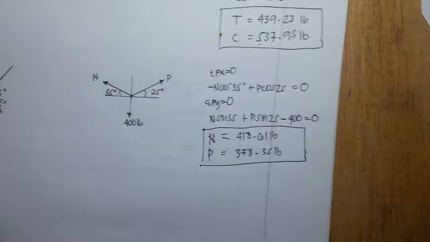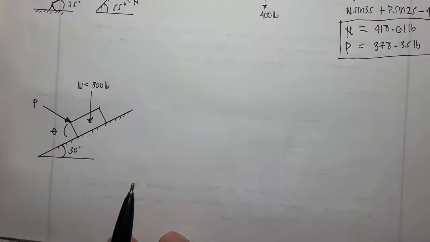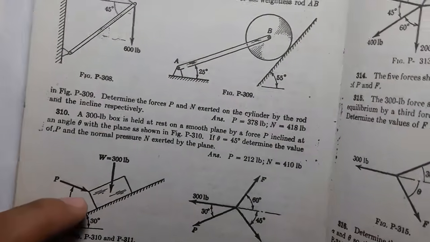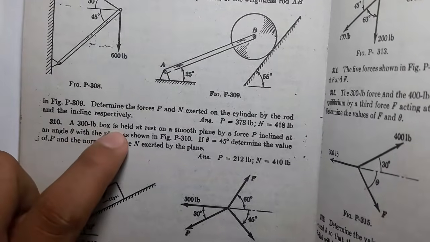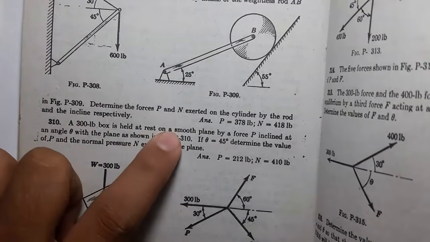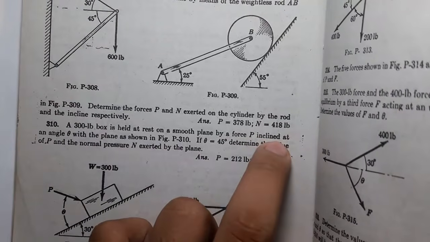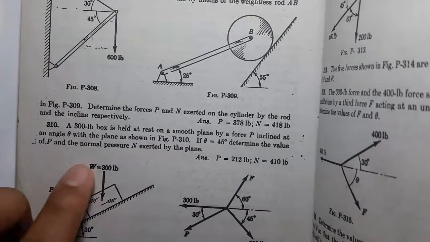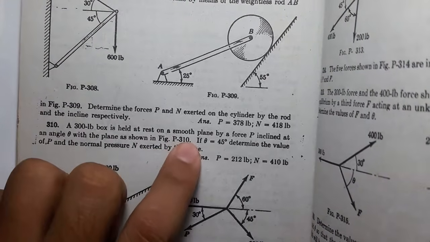So next, we have this problem here. Problem 310 states that a 300 pounds box is held at rest on a smooth plane by a force P inclined at an angle theta with the plane, as shown in figure 310.